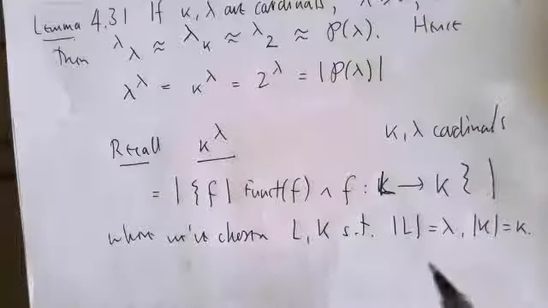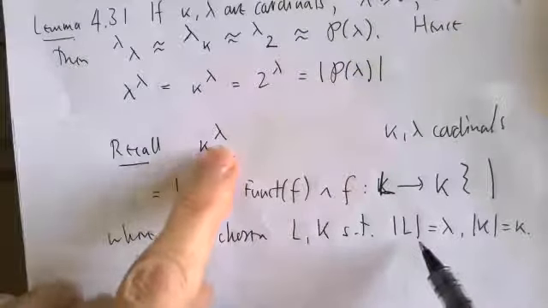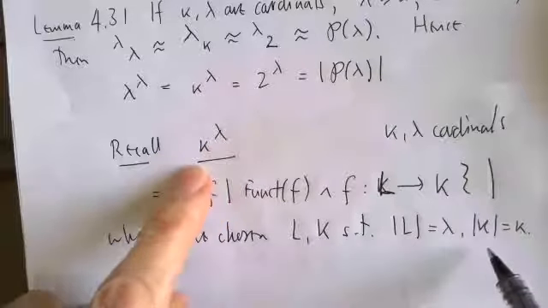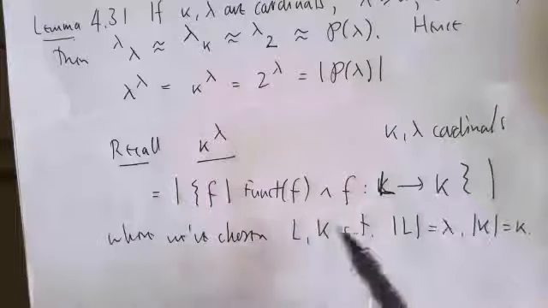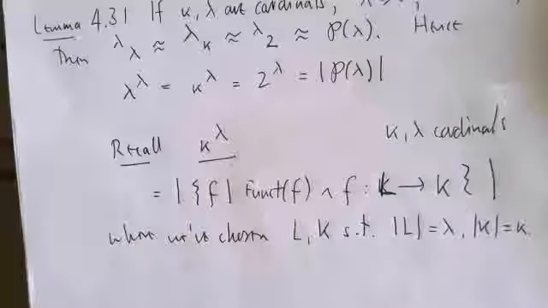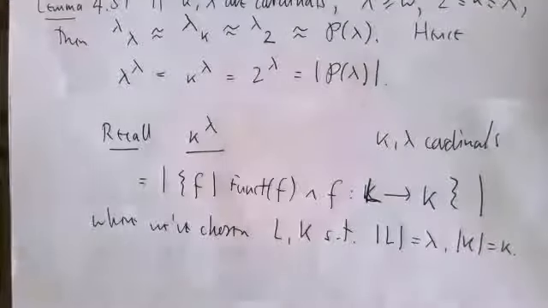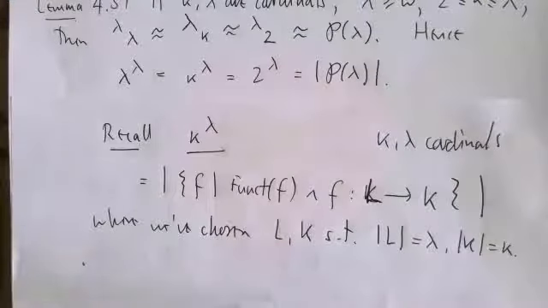We looked at the functions from sets of the appropriate size with a domain of size lambda, range of size kappa. We look at the collection of all these functions. We look at the cardinality of that set. And we showed it made no difference which L's and K's you chose.